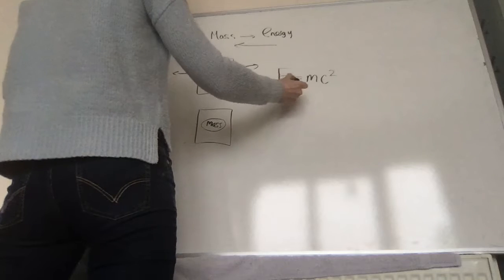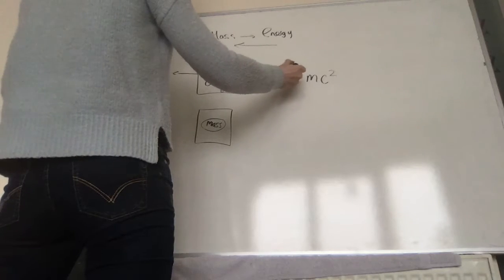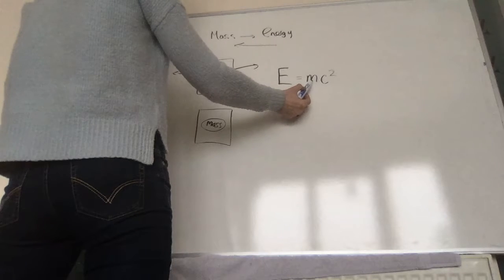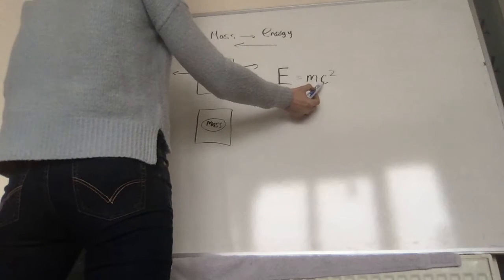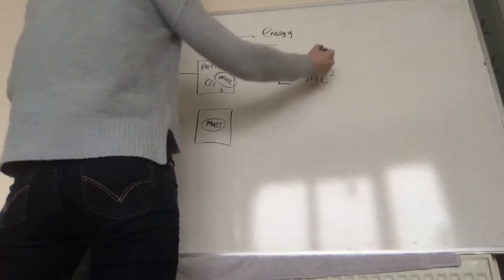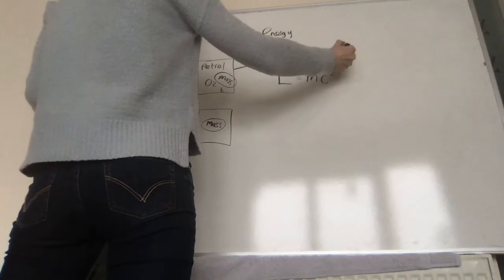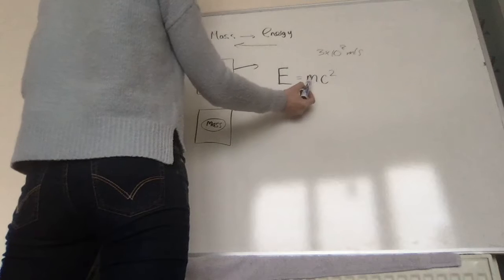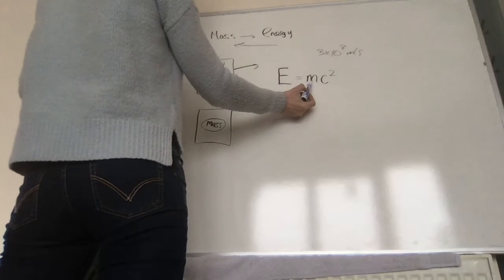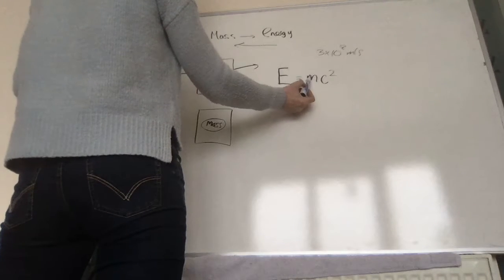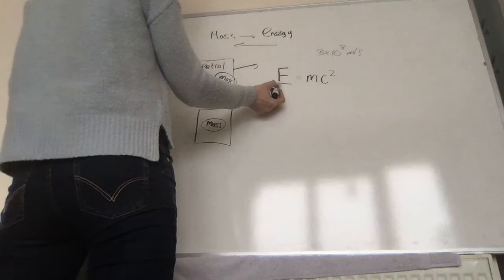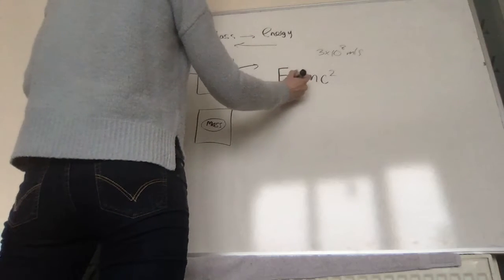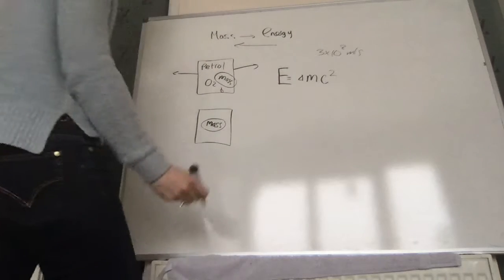The energy that you get from a certain mass is the mass times the speed of light squared. Now the speed of light is 3 × 10⁸ meters per second, which is a very large number. So for a very small change in mass, okay, you will get a large amount of energy out. Okay, so if you like, E equals Δm c squared might be a better way of thinking about it.